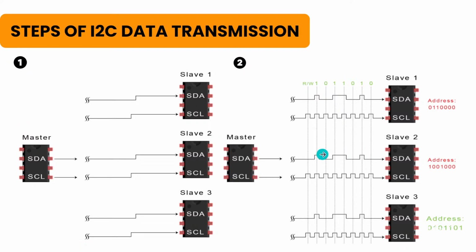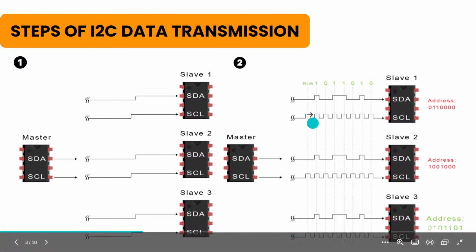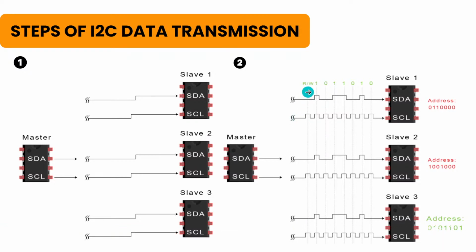Now the master sends each slave the 7 or 10 bit address of the slave it wants to communicate with, along with a read and write bit at the end. So this is the read and write bit. If it is low, it wants to send the data; if it is high, it wants to receive some data from the slave.